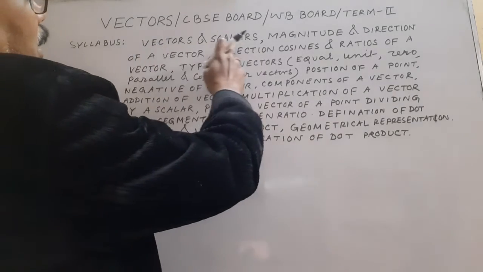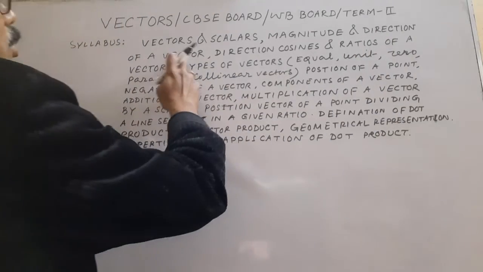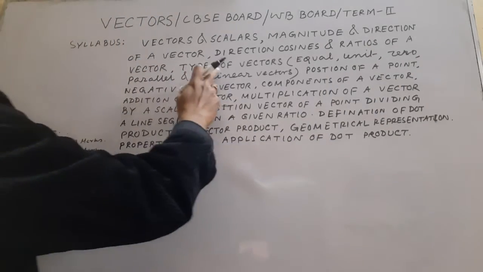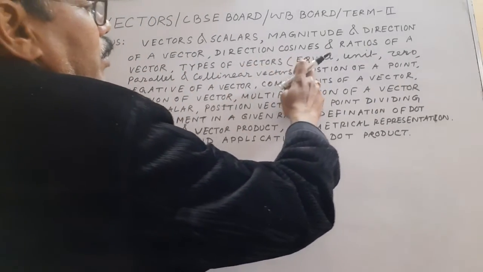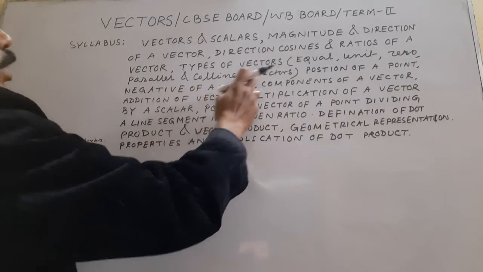Vectors and scalars, magnitude and direction of a vector, direction cosines and ratios of a vector, types of vectors: equal vector, unit vector, zero vector, parallel and collinear vectors.